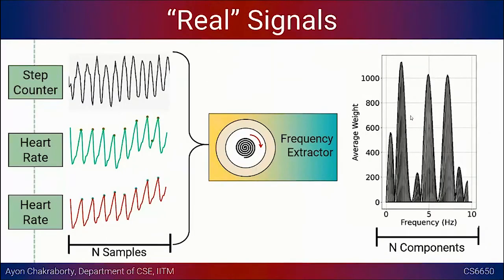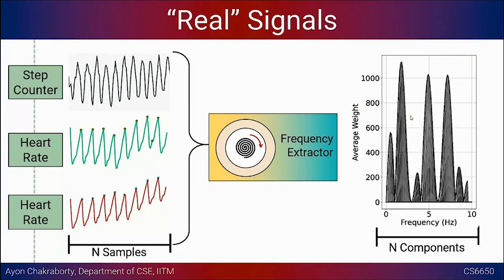Okay, so now I'll show you how the same concept can also be applied to real signals. By real I mean data points that I have actually found by doing sensing. I showed you the step counting in the first class, and then I showed you the pulse oximeter example where I was extracting the IR sensor value of the red LED. The red LED was passing through the blood, and for the emerging ray we were looking at the photodiode voltage.